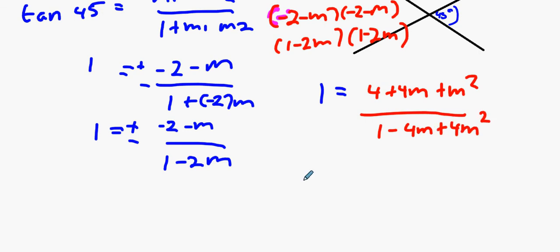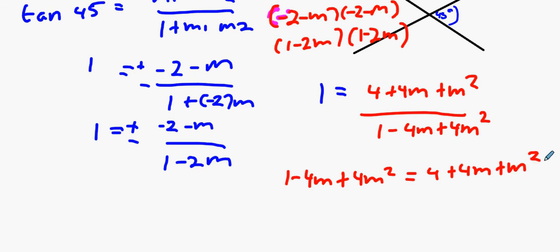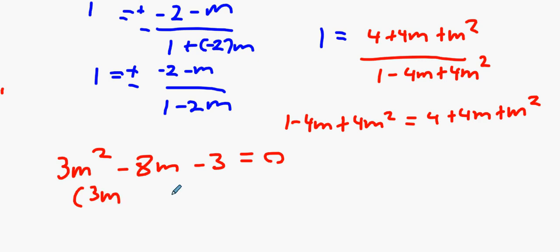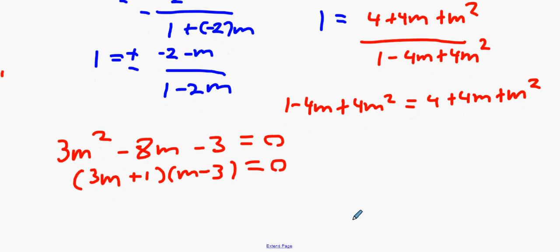Cross multiply, we get 1 minus 4m plus 4m squared equals 4 plus 4m plus m squared. All on to one side, we're going to get 3m squared minus 8m minus 3. That's easy enough. It's 3m plus 1, m minus 3 equals 0. I believe we're going to get m equals 3 or m equals minus 1/3.